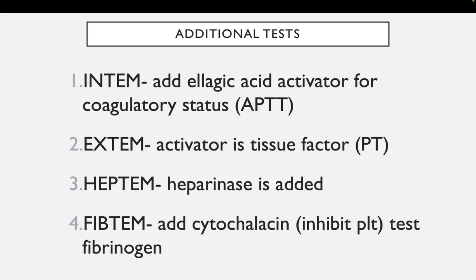Your HEPTEM correlates to your CKH time, so this is when heparin is added. This will be helpful when you have a case where you're using heparin, to see if your bleeding is due to overdose of heparin or from coagulopathy. And your FIBTEM is your platelet inhibition.